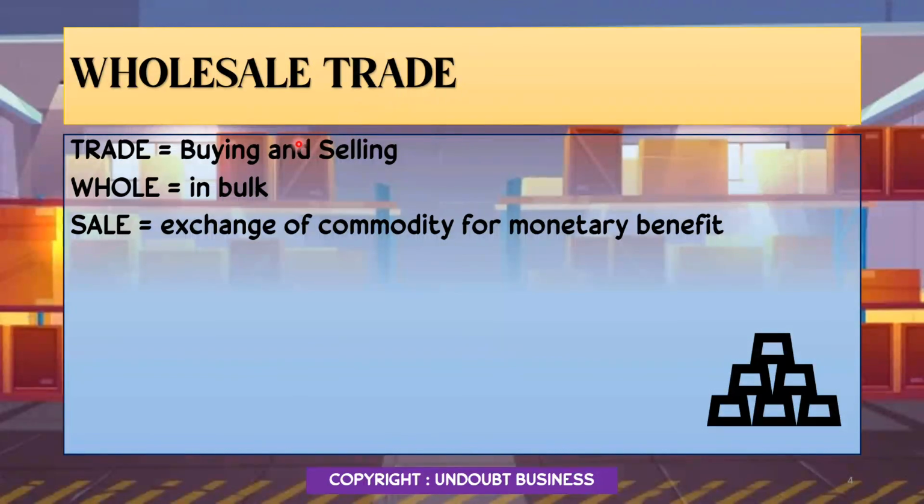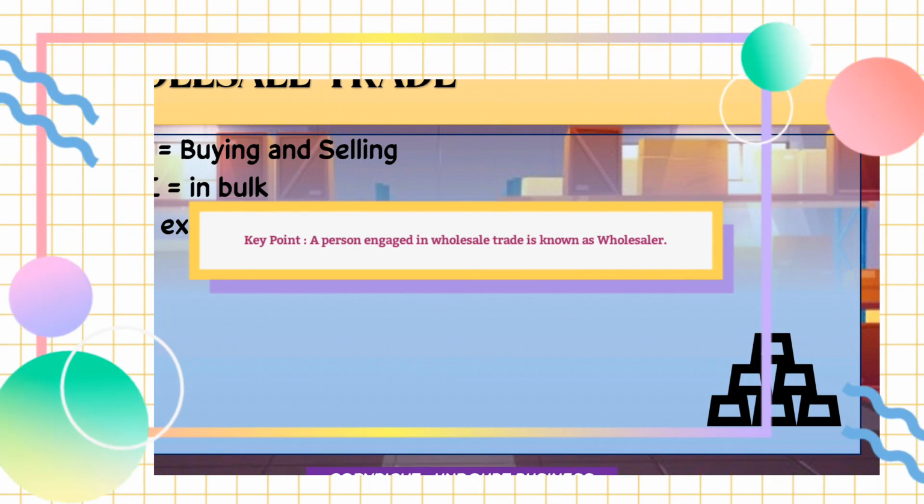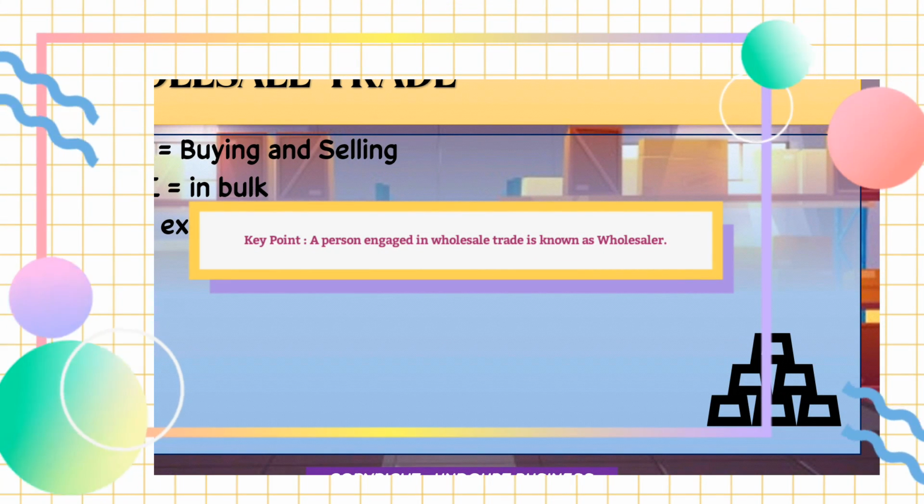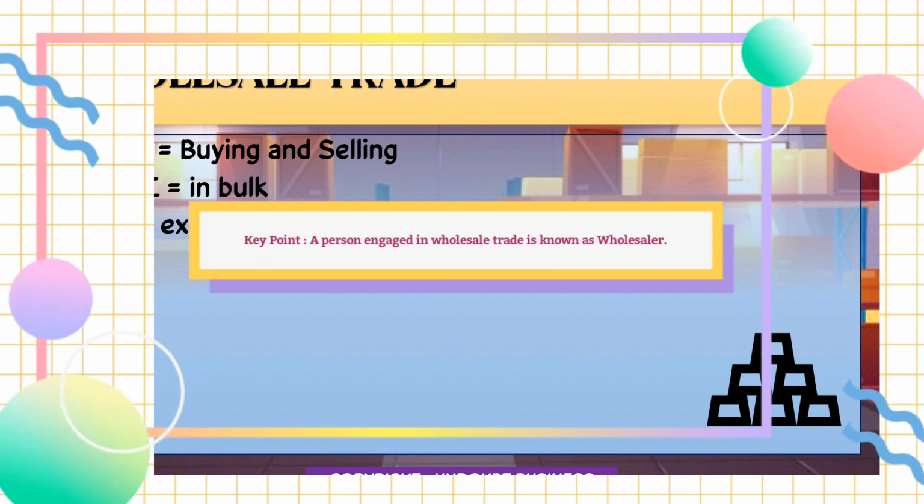Trade is buying and selling, right? Now, whole means in bulk. A person who is engaged in wholesale trade is a wholesaler. A person engaged in wholesale trade is a wholesaler.